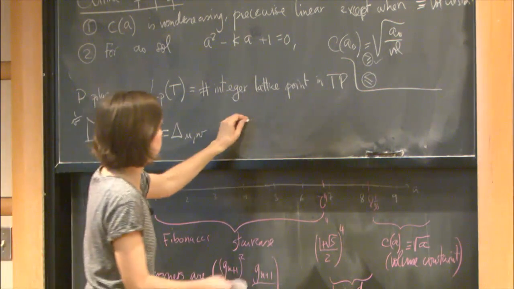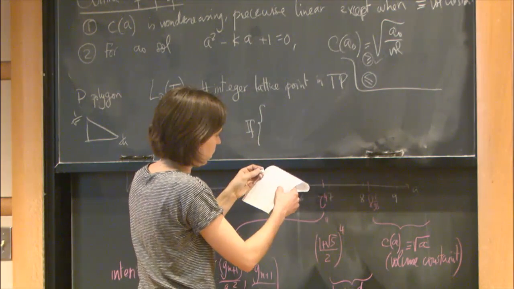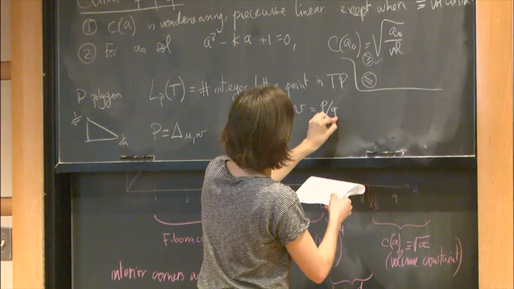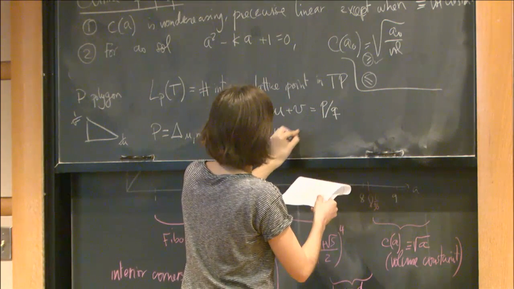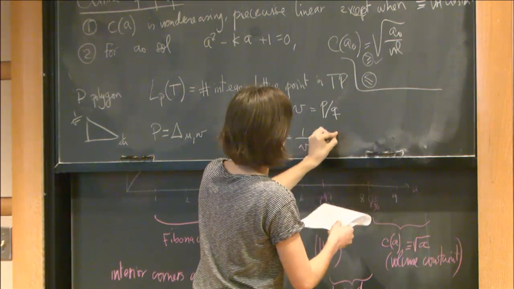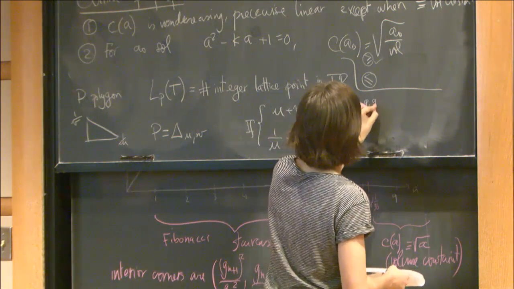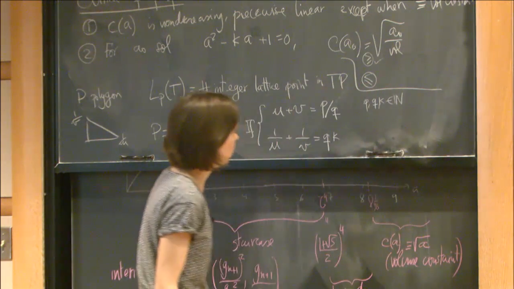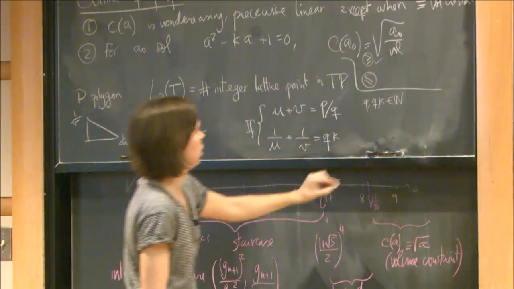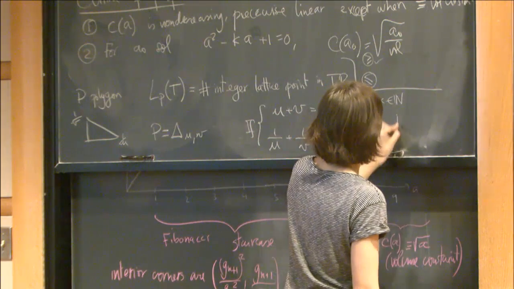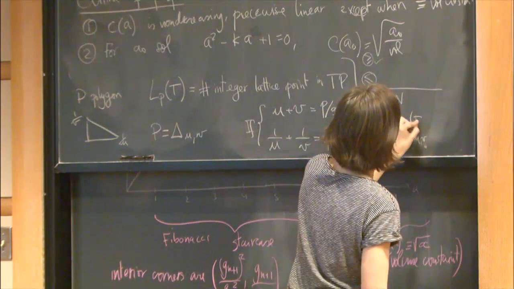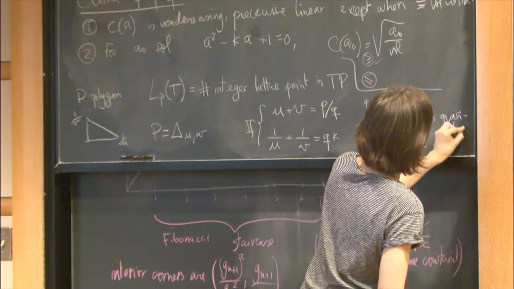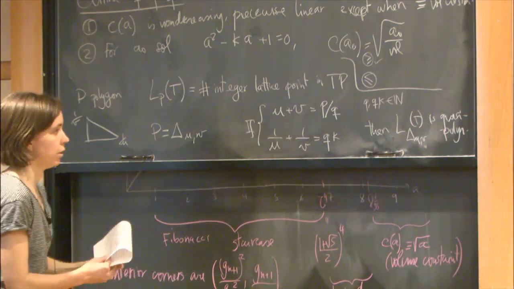Okay, so if U plus V equals P over Q, and 1 over U plus 1 over V equals Q times K, where P, Q, and K are natural numbers, then L delta UV of T is a quasi-polynomial.